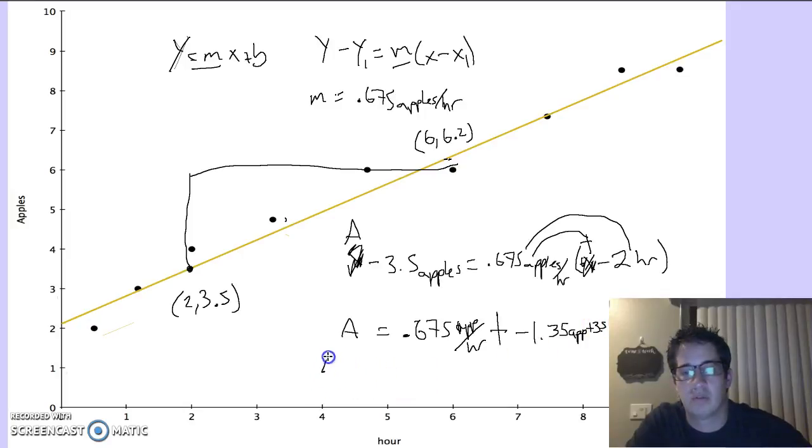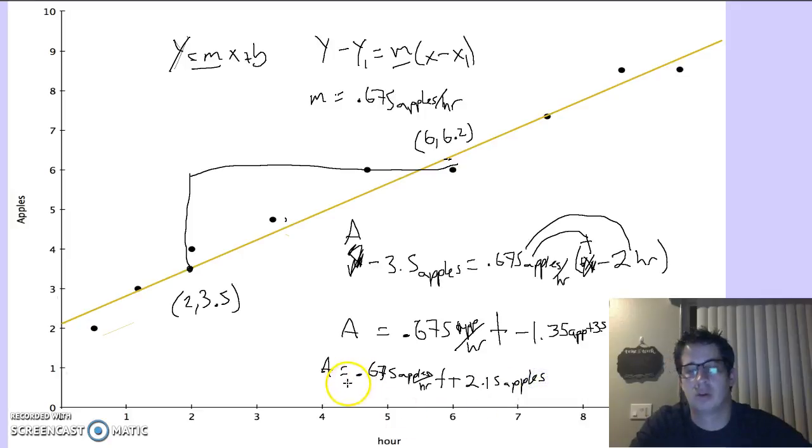Okay, so to fully simplify it, the function says that A is equal to 0.675 apples per hour times t plus, no, this would be 2.15 apples.